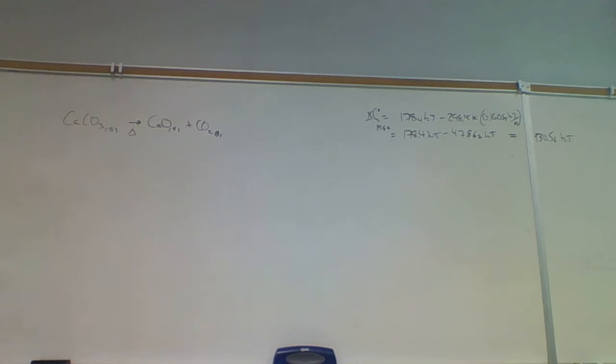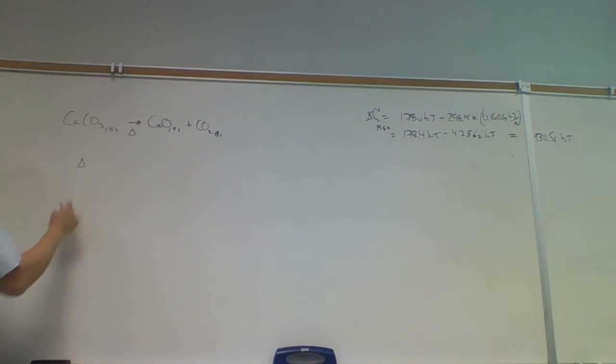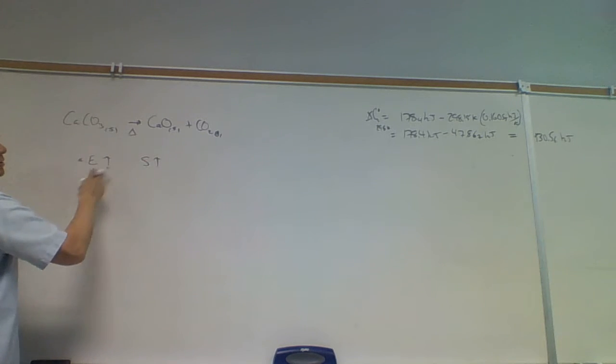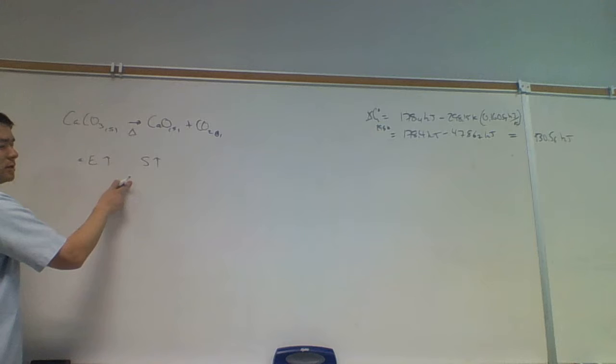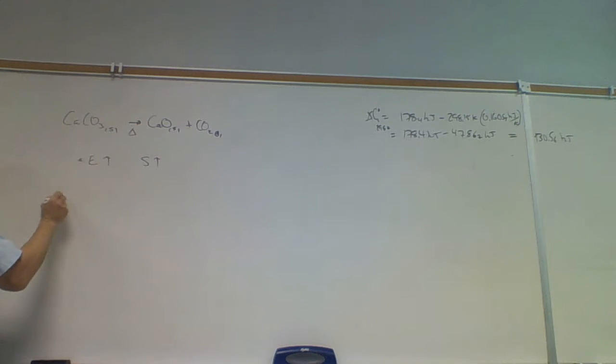And so what we can say is, okay, it may not be spontaneous, but we already know that if the energy is going up and the entropy is going up, this is a scenario where it becomes more spontaneous at high temperature and non-spontaneous at low temperature. So we just have to figure out what temperature this is.